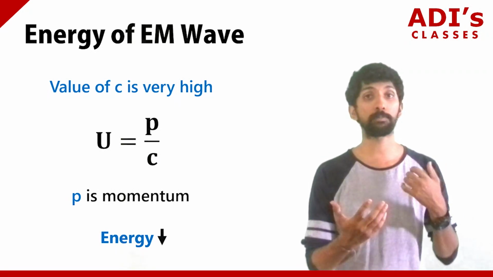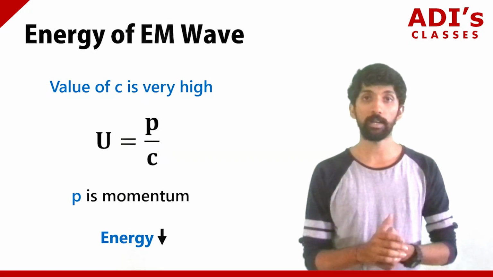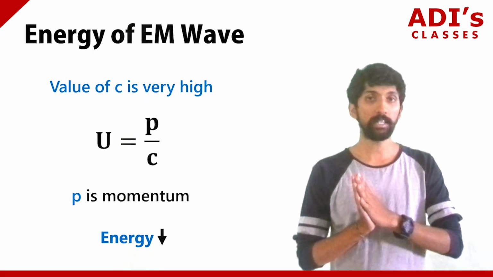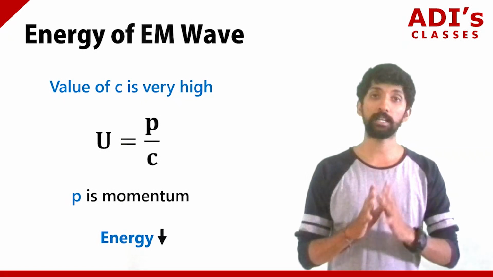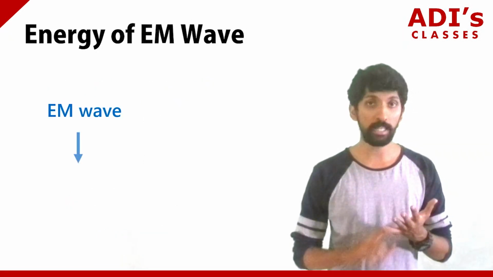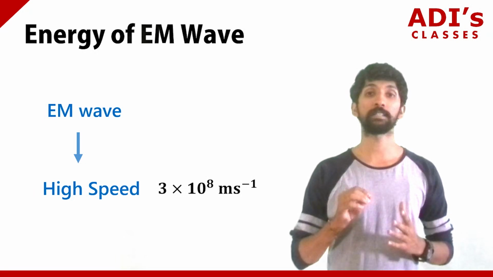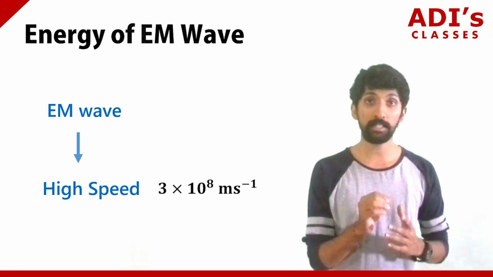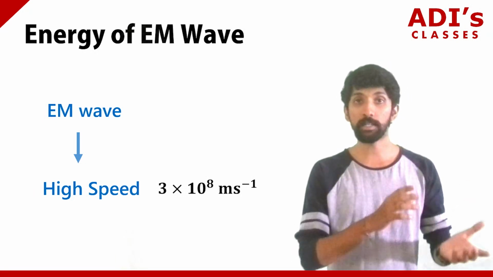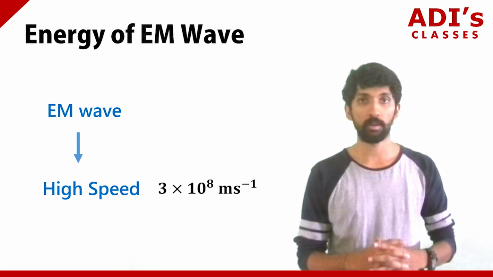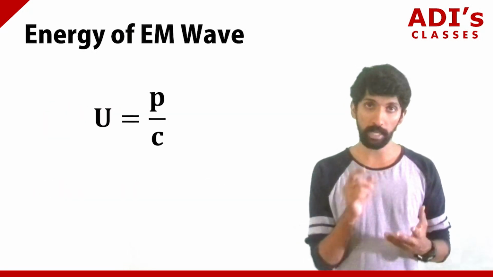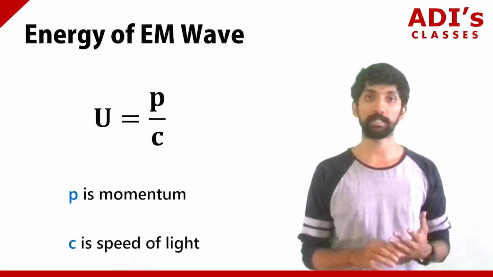We don't feel that something is pushing our hand. So what we get is that an electromagnetic wave has a very high speed, which is 3 into 10 to the power of 8, and even though it has very high energy, we don't feel it because that momentum becomes very, very small. So the value of U, the energy, is P divided by C.